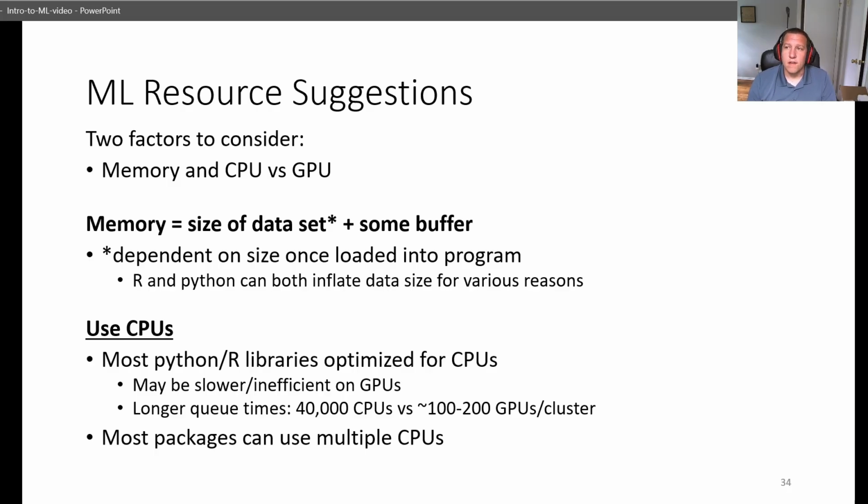So realistically, if you can use CPUs, you'll be able to access those resources faster. And since GPUs aren't speeding up the actual analysis, most likely, you will experience a faster progression in your research by sticking to CPUs. And just because they've been compiled to build with CPUs, most of the packages that we listed before, if not all of them, can use multiple CPUs to accelerate that analysis.